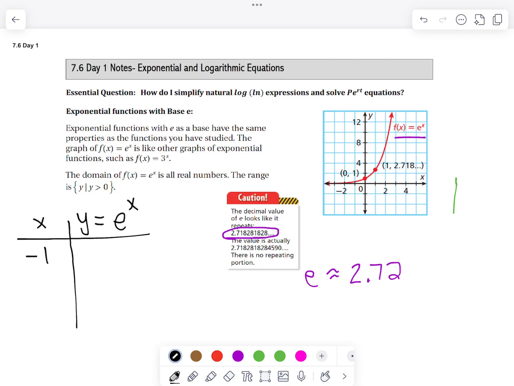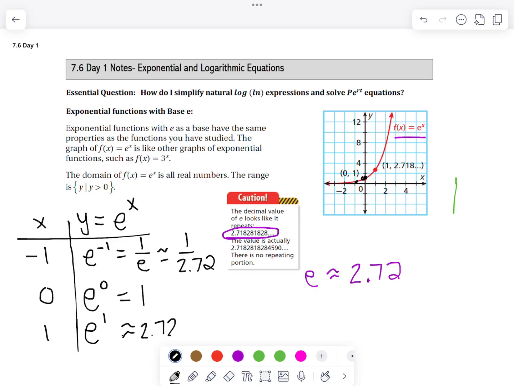So -1, e to the -1 is 1 over e, or 1 over 2.72. If I substitute 0 in for x, e to the 0, anything raised to the 0 power is 1. So that's that point right there. If I substitute 1 in for x, e to the first, again, e is approximately 2.72. So that is right there.